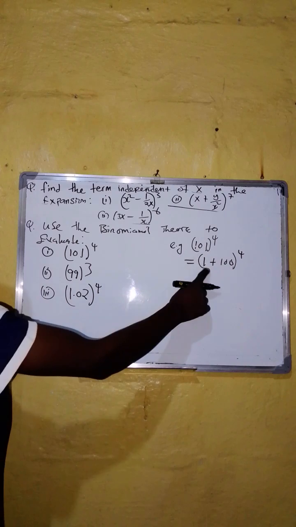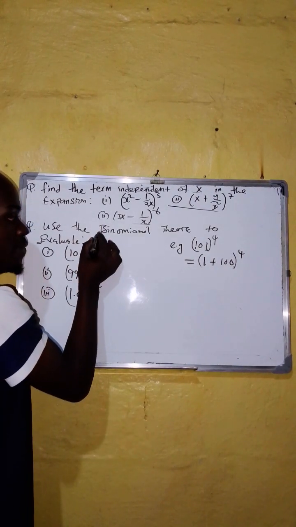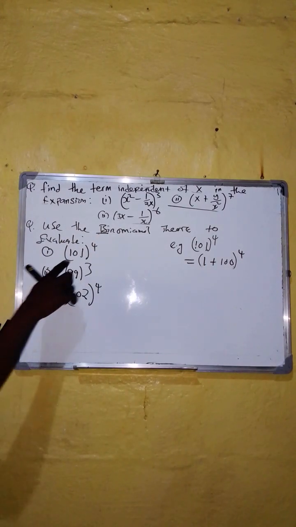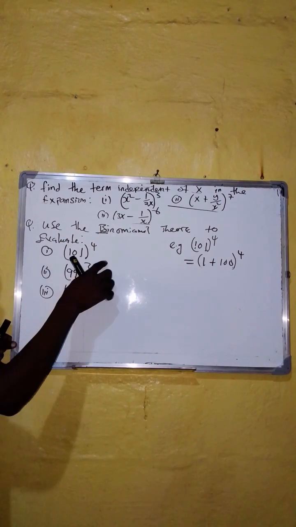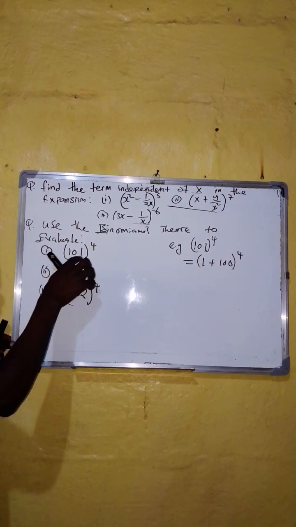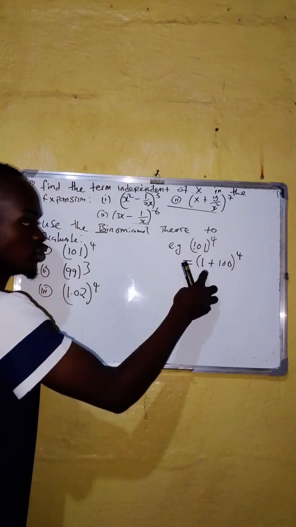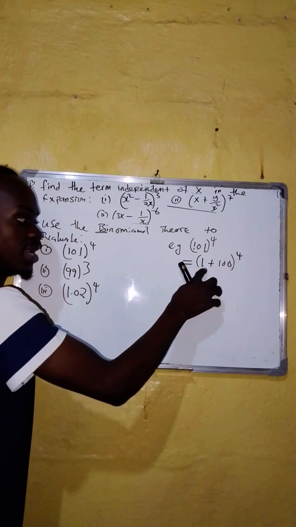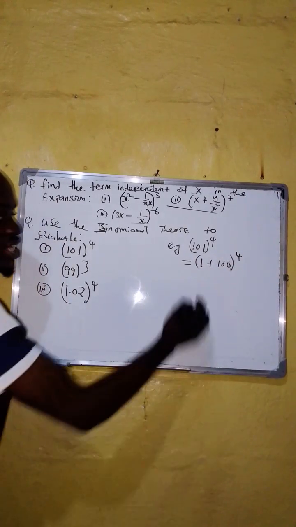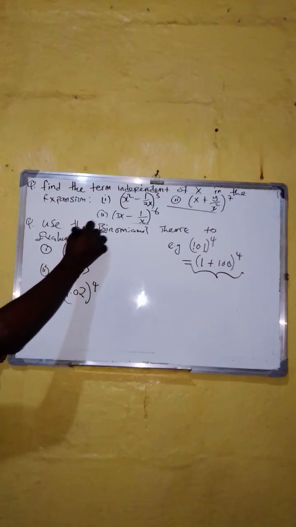The 101 is the same as writing it as 1 plus 100, because we want to make sure two numbers are visible in this expansion, two numbers raised to a particular power. So instead of just having one number as 101, we write it as 1 plus 100, raised to a particular power, which is 4. Then expand this, and later on we'll be able to evaluate.